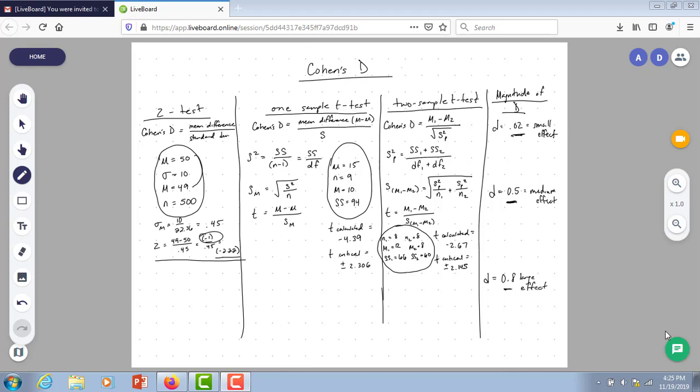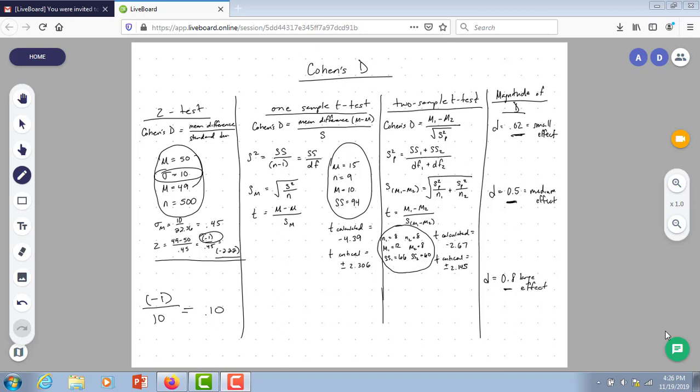So we can assess the treatment effect by taking the mean difference, which is -1, and putting that over your standard deviation. In this particular case, your standard deviation is 10, your population standard deviation. So when you do -1 divided by 10, you end up with 0.10.